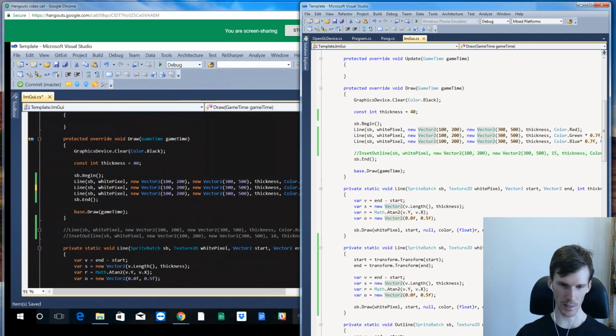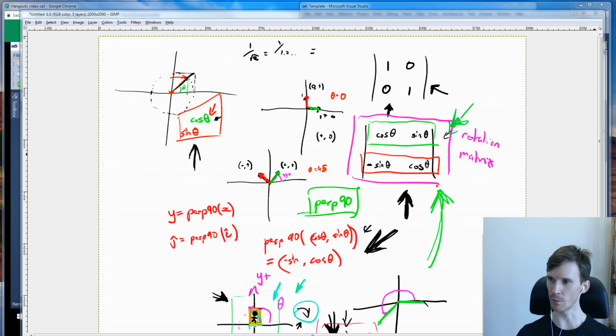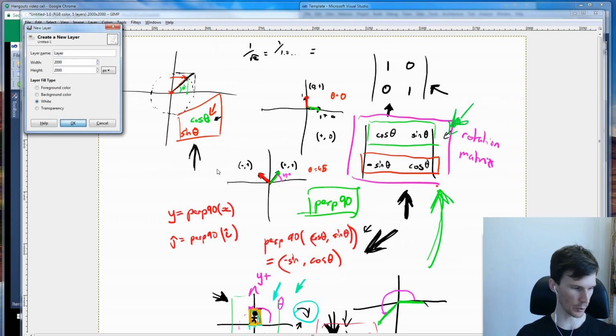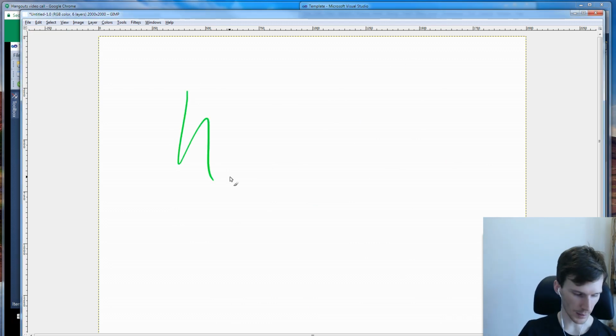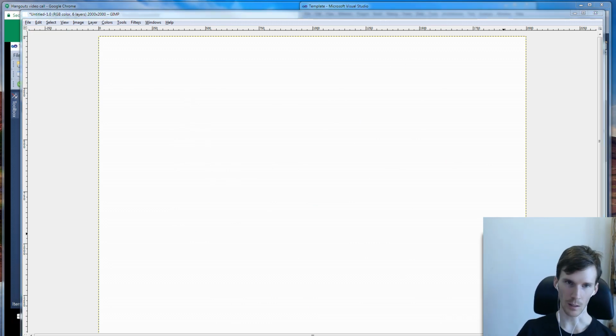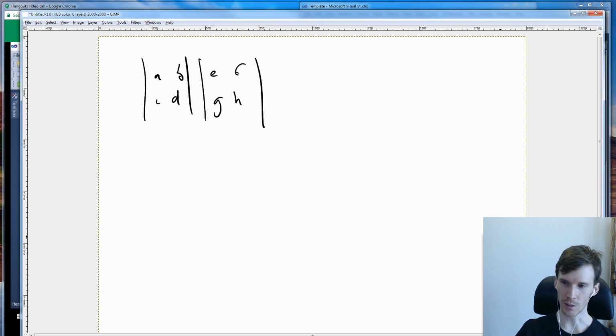As I was saying, I don't really want to go into this because we are over time. No, that's fine. Too much detail, but as we're saying, if we have the matrix A, B, C, D, and the matrix A, B, C, D, E, F, G, H, you can do the same process and you get a 2 times 2 matrix.